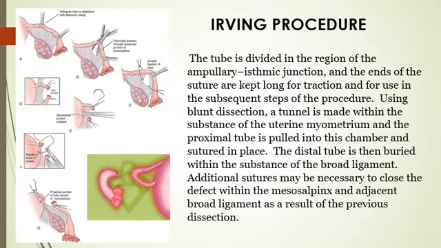So another method is the Irving procedure. In this, the tube is divided in the region of the ampullary isthmic junction, and the ends of the suture are kept long for traction and for use in the subsequent steps of the procedure.